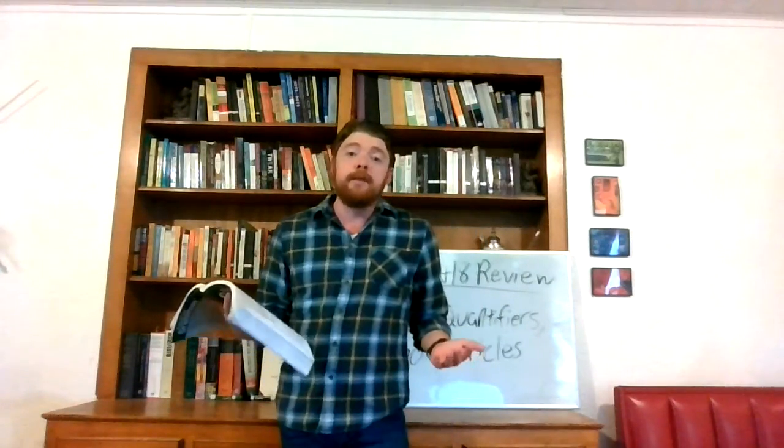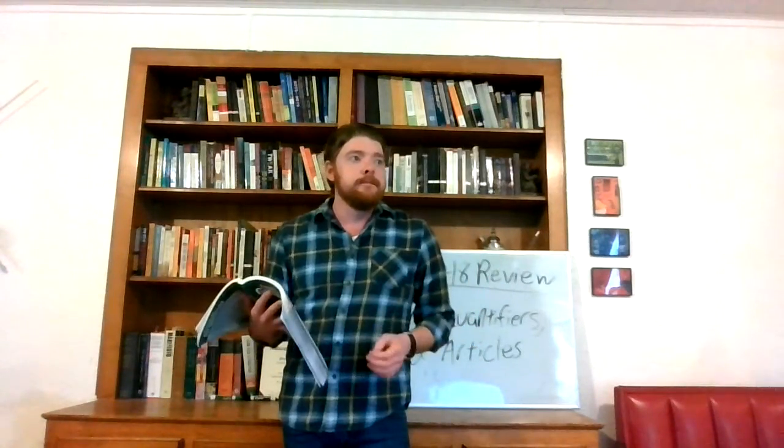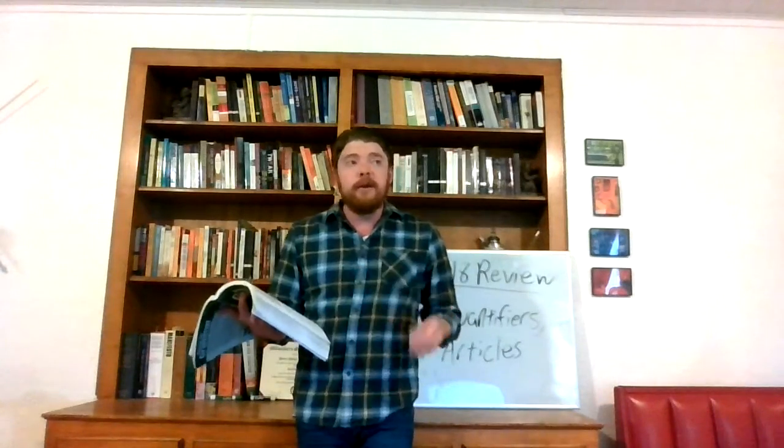Again, so indefinite and definite articles. So indefinite, we don't have something specific. It could be anything. I need a car for this weekend. It could be any car. If I need the car for the weekend, I need one specific car. So just know the difference between when you're talking about something specific and when you're talking about something in general.